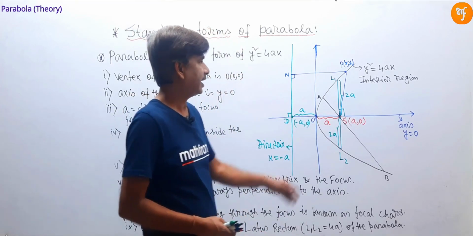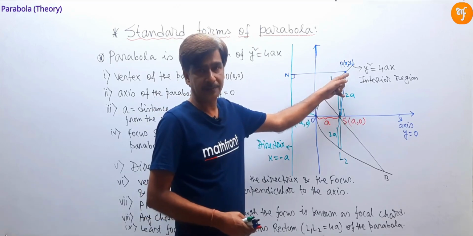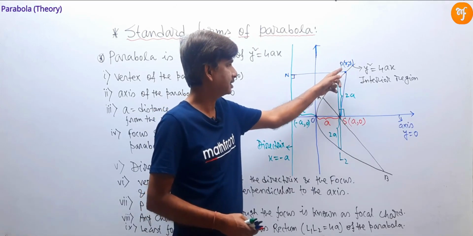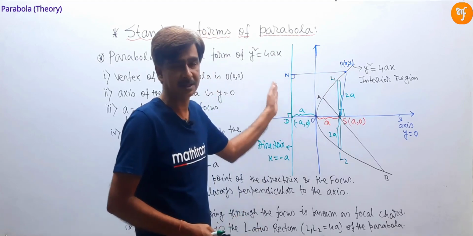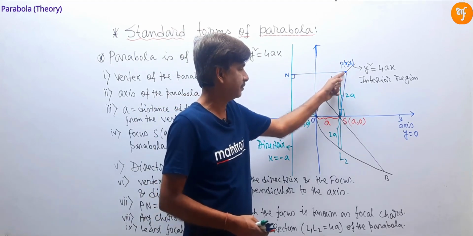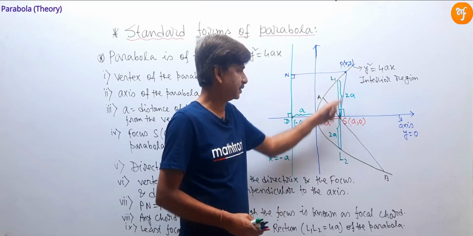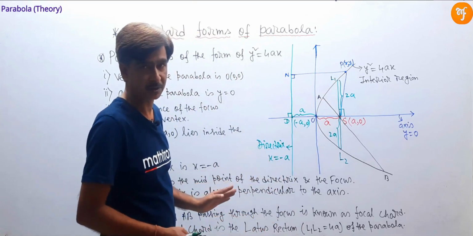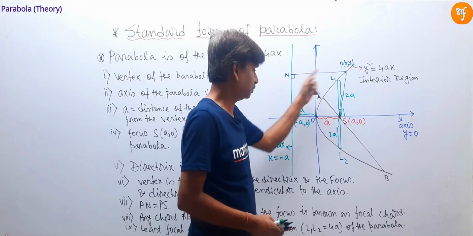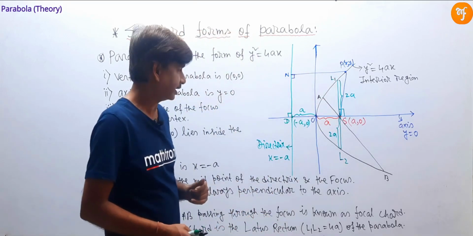Clear? If any point P(x, y) is on the parabola, then the distance of this point P from the directrix is Pn and the distance of this P from the focus is Ps. According to the definition of the parabola, this Pn should be equal to Ps. Okay, clear?